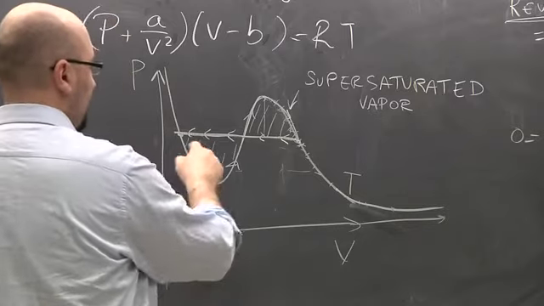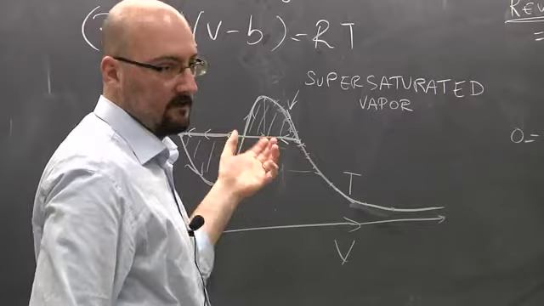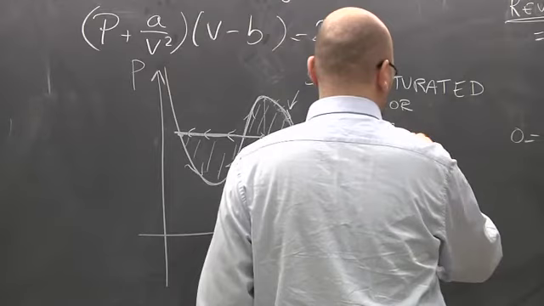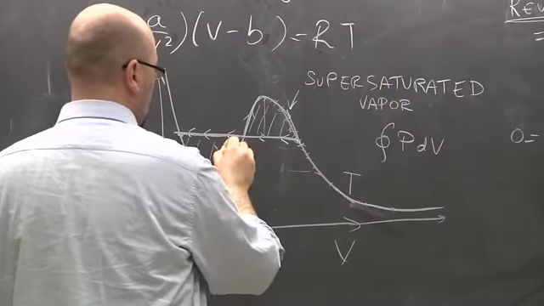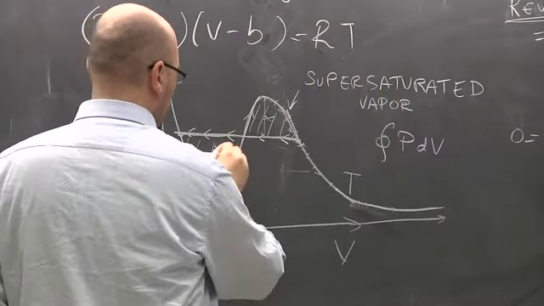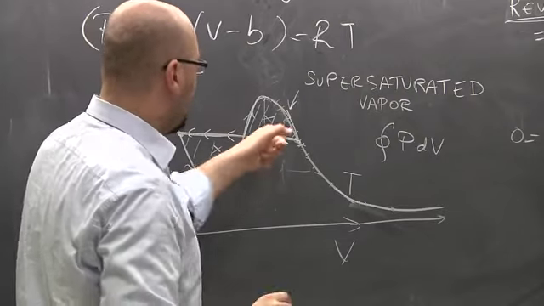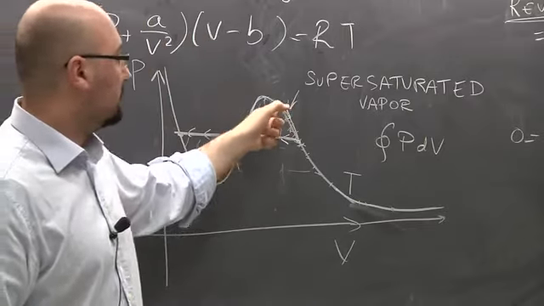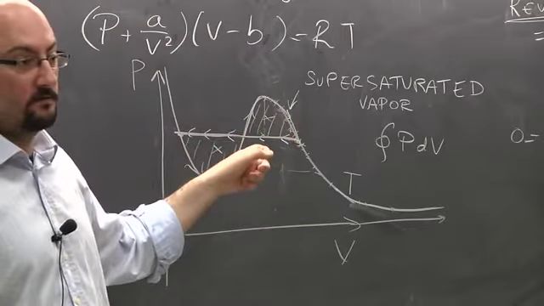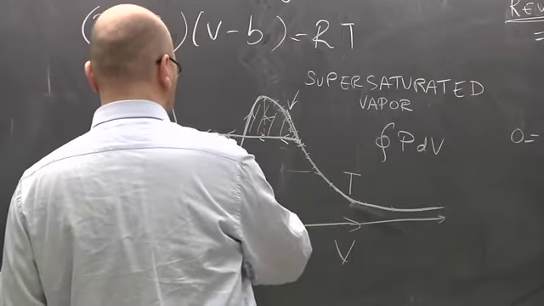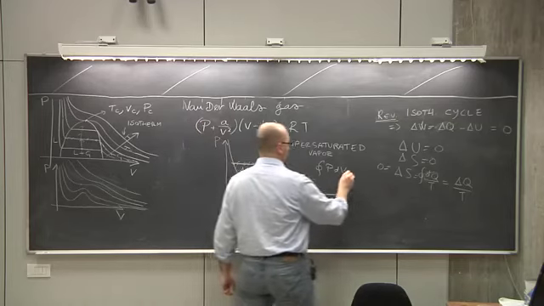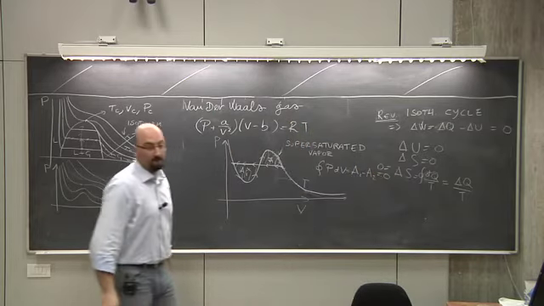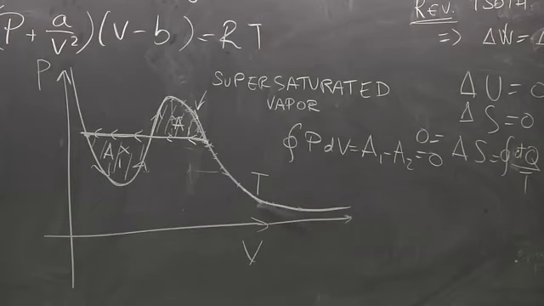The integral of p dV will be this minus this, because this is encircled in a clockwise direction and this in an anti-clockwise direction. So it will be area 1 minus area 2. This has to be equal to 0. So the two areas are equal.